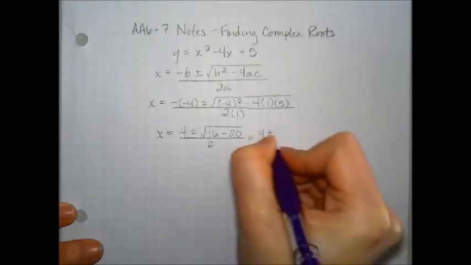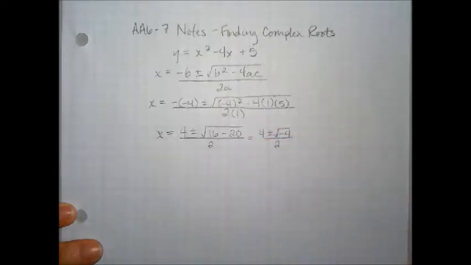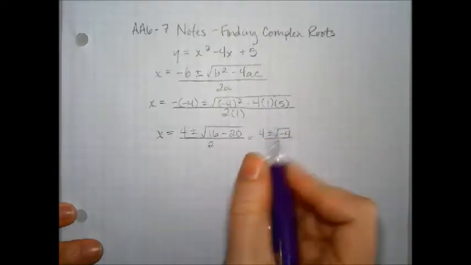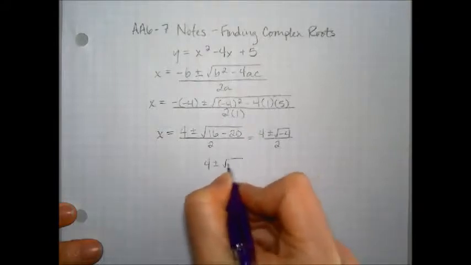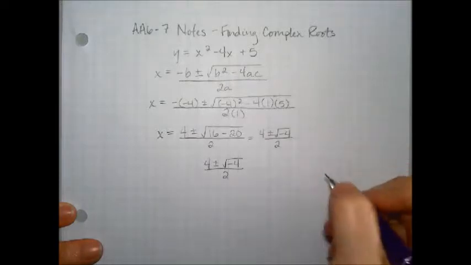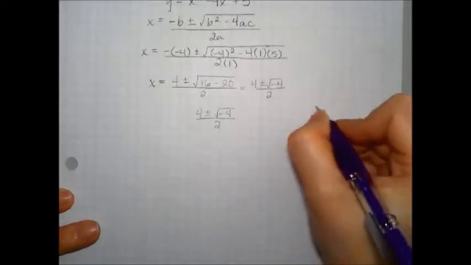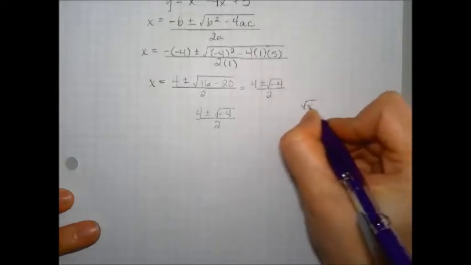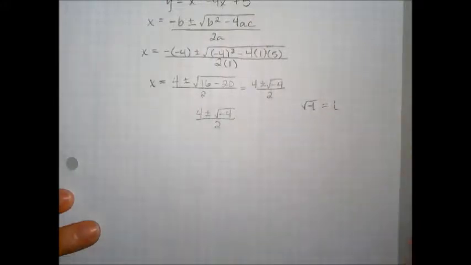So that's 4 plus or minus the square root of negative 4 divided by 2. And that is where I have to take into account what we learned last class when I'm dealing with the square root of a negative number. So in the last class, we determined that the square root of negative 1 equals our imaginary number i.